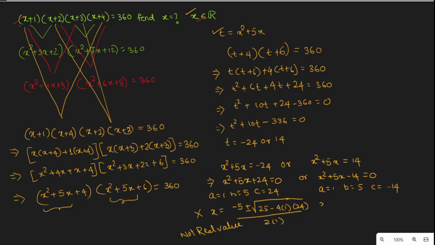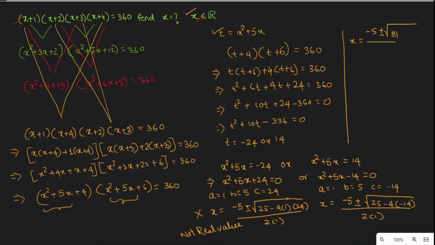x is equal to −b, that is −5, ± √(b², that is 25, − 4 × 1 × (−14)) divided by 2a, and 2a is 2. So let us solve here. x = −5 ± √(25 + 56), since minus times minus is plus, 14 into 4 is 56, and 56 plus 25 is 81.